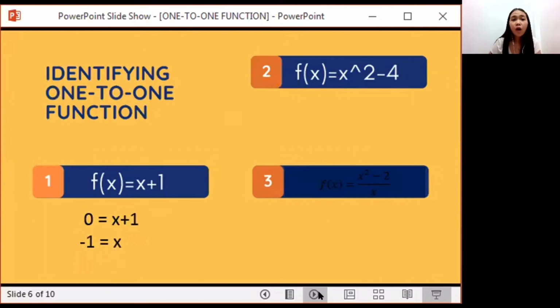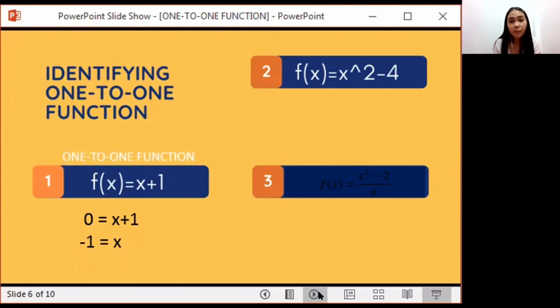If we get one value for x, that means it is a one-to-one function. If we get two or more, then it's not a one-to-one function. So for number one, we get one value for x, so it is a one-to-one function.